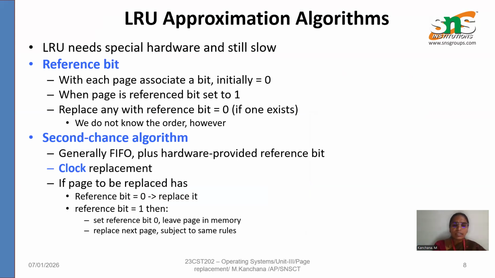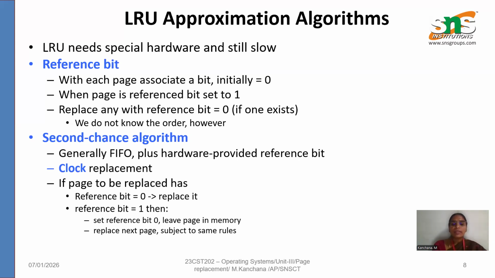So this is the harsh reality of system engineering, because pure least recently used requires special and expensive hardware support, and tracking every single memory access slows down the system. Because of this, real world operating systems use LRU approximation algorithms. The most basic approximation uses a simple reference bit.